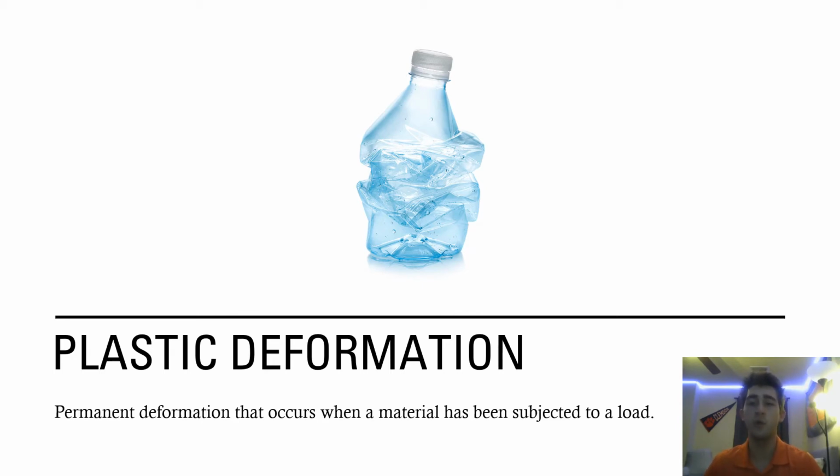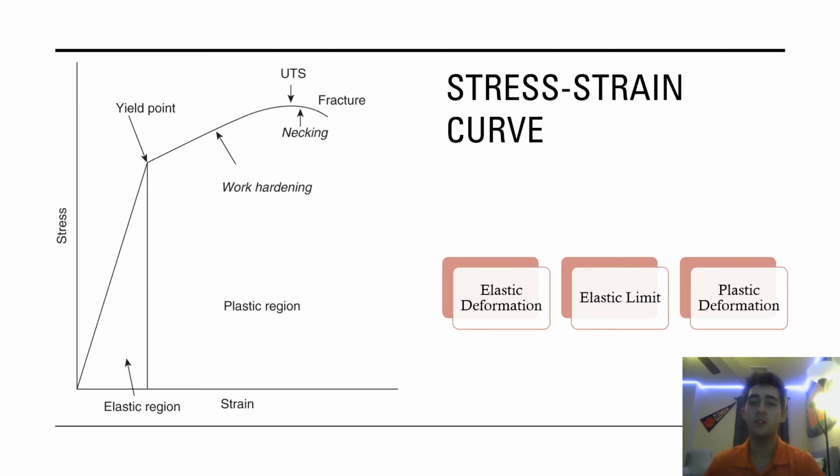To dive a little deeper into this topic, let's define what the opposite refers to, or elastic deformation. Elastic deformation is deformation that returns to its original shape without any permanent damage, just like stretching a rubber band and having it return to its original shape. This is elastic deformation. It can be seen by the linear part of the stress-strain curve right here.